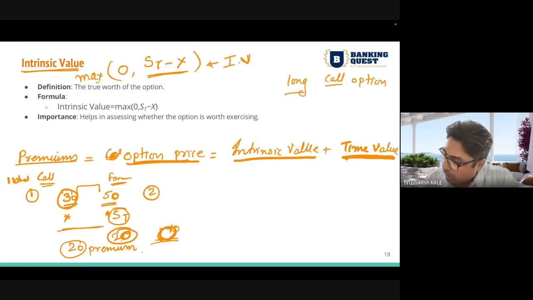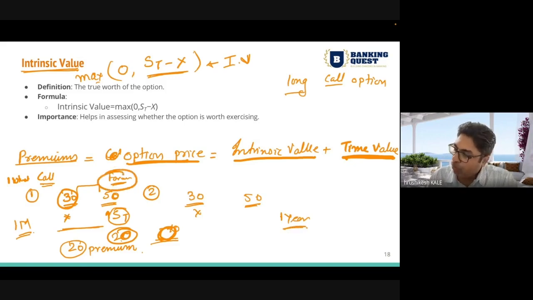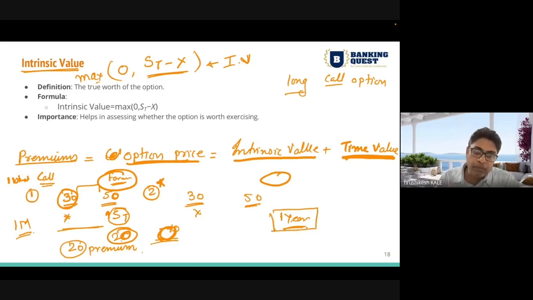Now, again, there is another option wherein you are entering it at 30, today's market price is 50, but this first option was of 1 month and this second option was of 1 year. Now, from a seller point of view, which is more risky? Option 1 is more risky or option 2 is more risky? Because in option 2, the time period is more, option 2 is more risky. So the seller might want more premium.